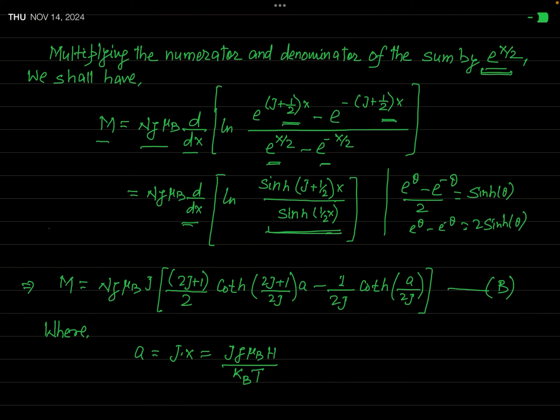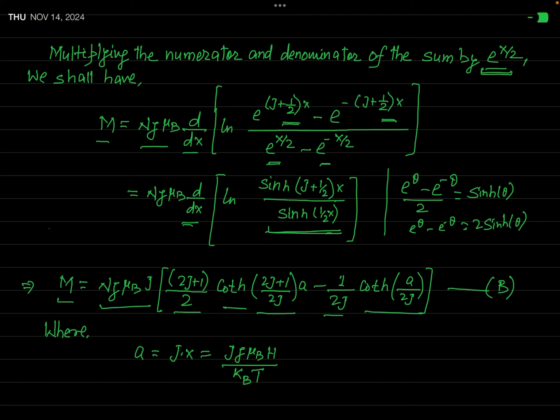And you will see when you do the algebra, after differentiation, our result will become a simpler result like this. M is equal to N g mu B j times [(2j plus 1) over 2j cot hyperbolic ((2j plus 1) a over 2j) minus 1 over 2j times cot hyperbolic (a divided by 2j)].